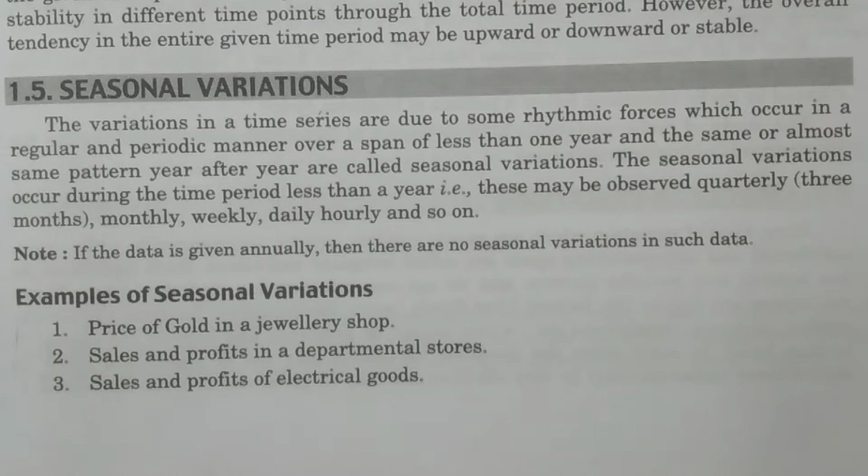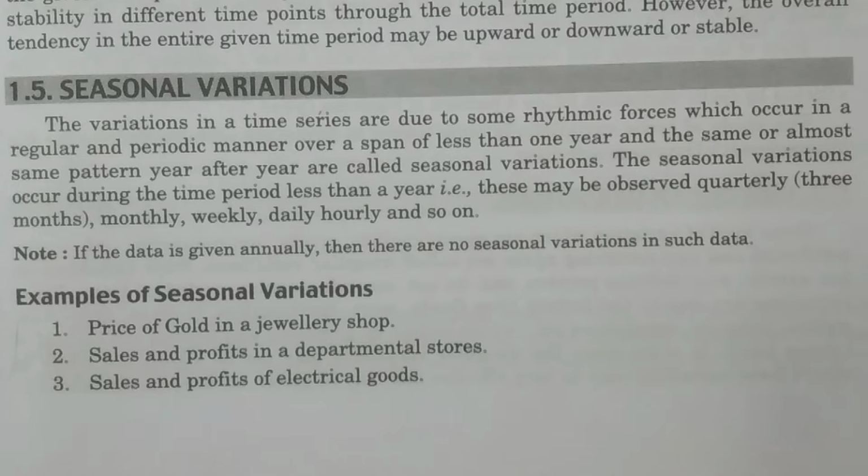Similarly, in a particular summer, some particular items have more demand. These are nothing but rhythmic forces. Due to some particular forces and patterns, the variations are going to be observed.